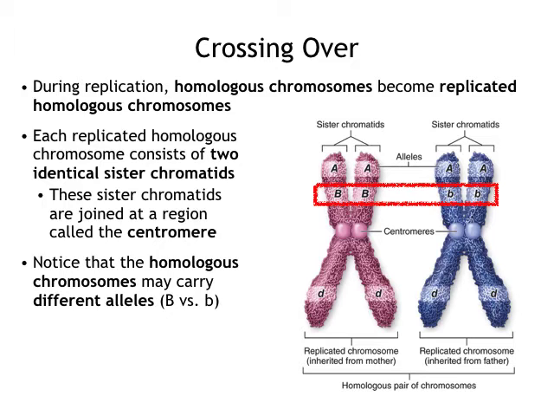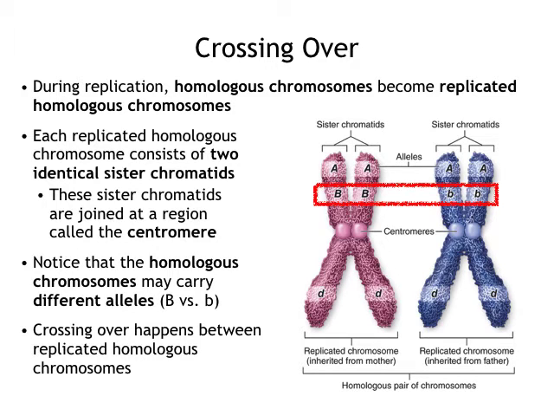In this case, gene B, the replicated homologous chromosome from the mom in red, has capital B, whereas the replicated chromosome from the father, the blue one, has lowercase b. So these homologous chromosomes carry the same set of genes but different alleles. So they're slightly different from one another.